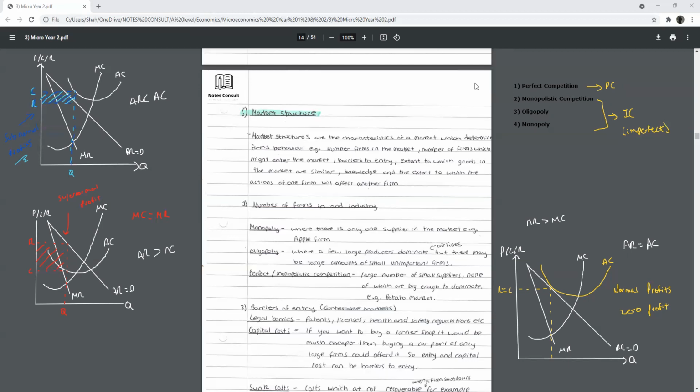So we're moving up the spectrum. It's almost as if these firms are getting more and more powerful and more scarce. And we're moving away from perfect competition. Perfect competition is, for economics, the ideal type of firm that we want to have in the economy. But when we move more and more away from it, we're actually distorting the market almost.